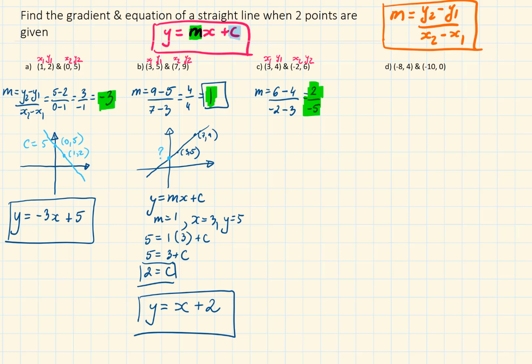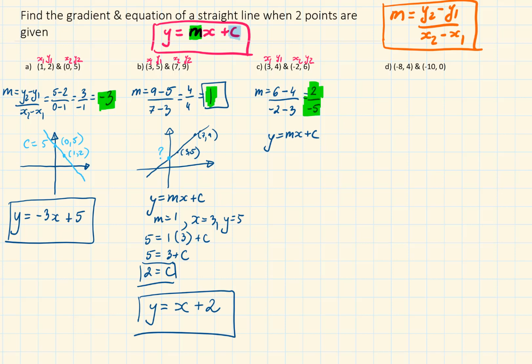The next step is to work out what the y-intercept is. So we're going to have to use the formula for the equation of the straight line. Y equals mx plus c. We already know the m, and we can use one of these coordinate points to substitute into y and x, and then we can work out what the c is.